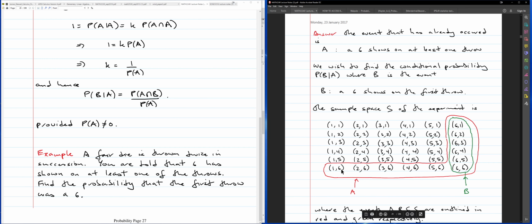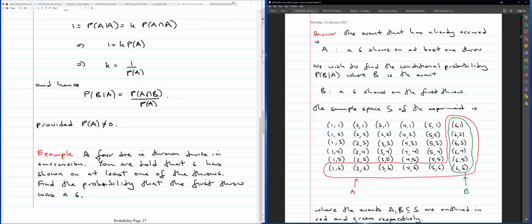This red curve encloses all the outcomes that belong to the event A. Notice 1, 6 is 6 showing on at least one throw, and 3, 6 is too. Likewise, 6, 1 also lies in the event A, and 6, 6 also, because we say at least one throw, so you could have a 6 on both throws. So A consists of 11 outcomes from your sample space.